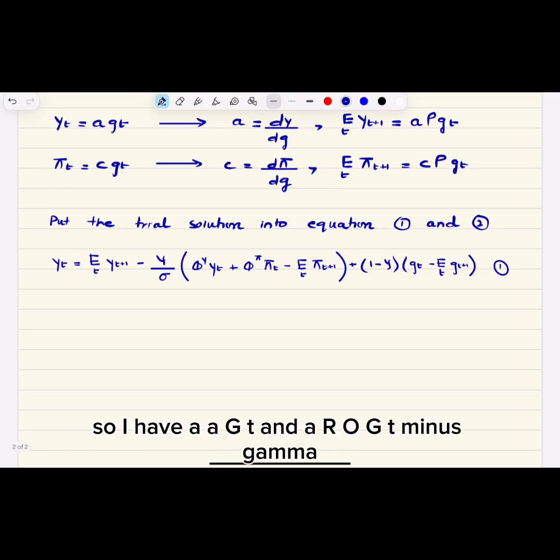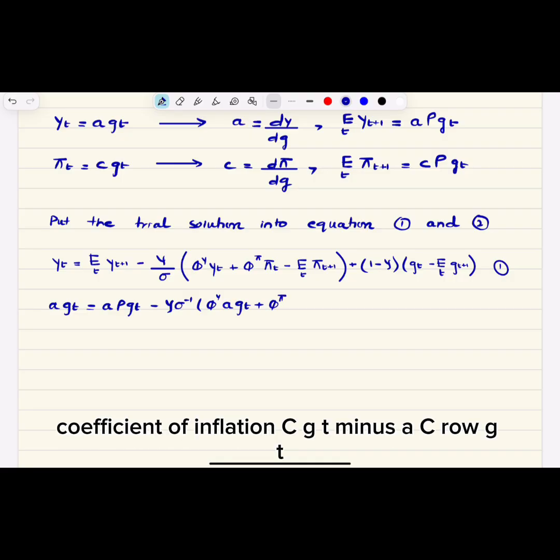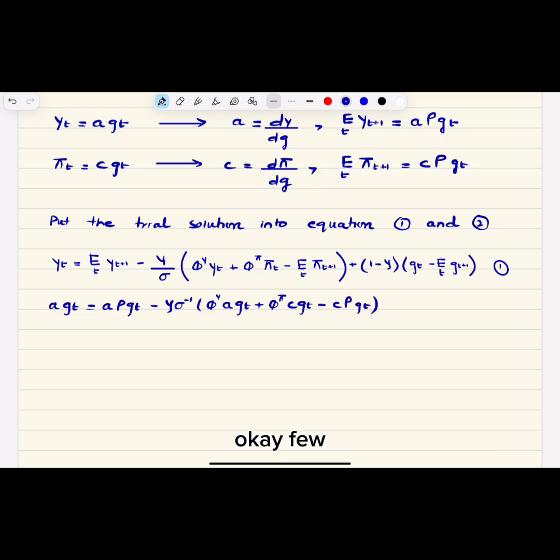Okay, so I have a GT and a rho GT minus gamma inverse of sigma, the coefficient of output, into a GT here, the coefficient of inflation C GT minus C rho GT. Okay, phew.